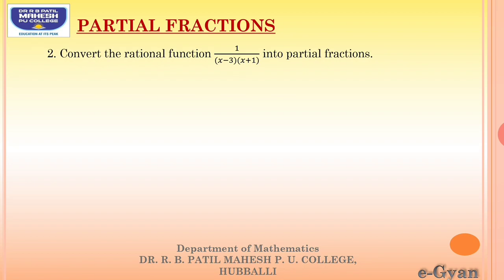So first you have to check whether the given rational function is proper or improper. So what is the definition for proper function? The degree of numerator is less than degree of denominator. So in this example the degree of numerator is 0 and degree of denominator is 2. So the given term is a proper fraction.